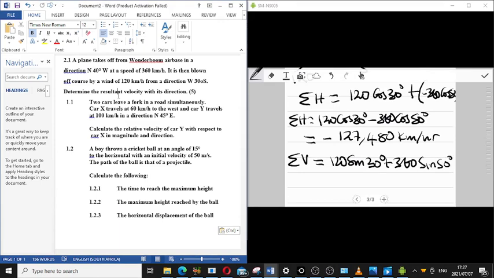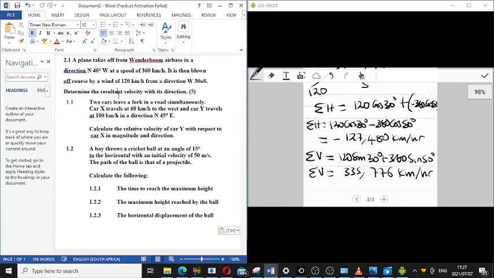If you add the two, 120 sine 30 plus 360 sine 50 degrees, then the summation of the vertical component is equal to 335.76 kilometers per hour. So that's what we are given here.